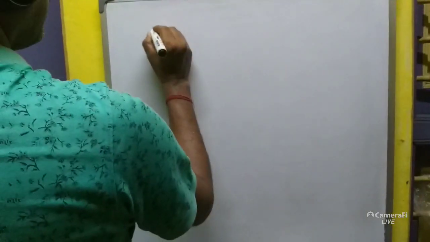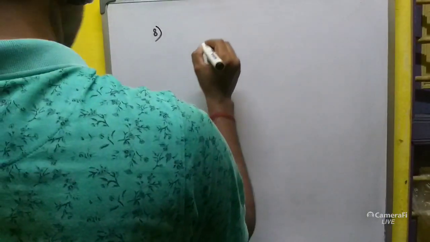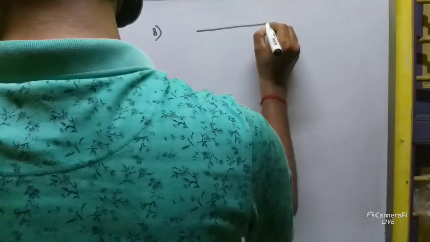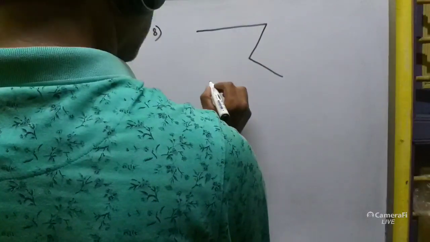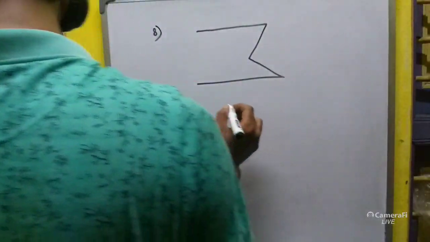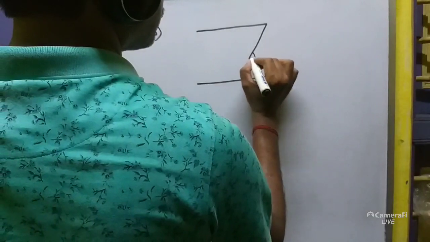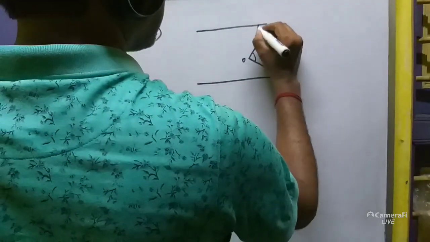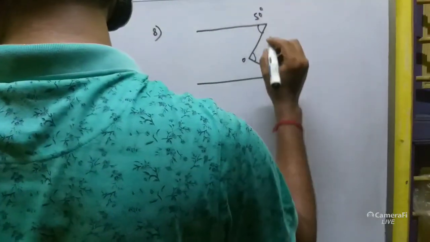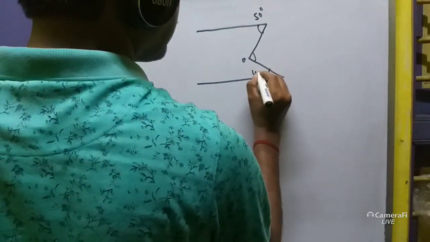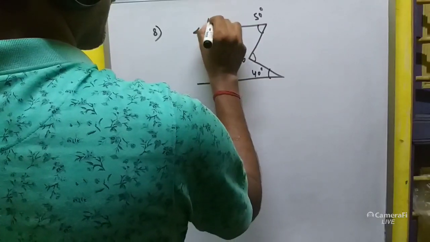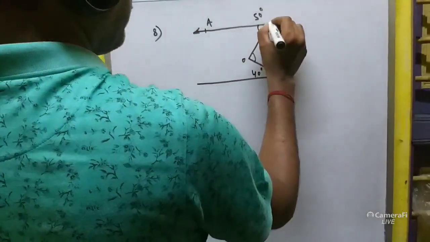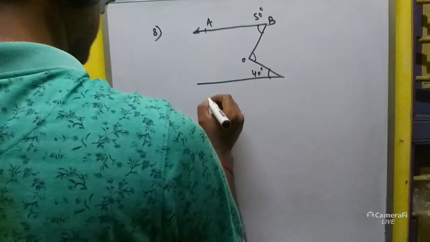Now next math number 8. This is O. This angle is 50 degree. This angle is 40 degree. Now this is AB, AB parallel to CD.